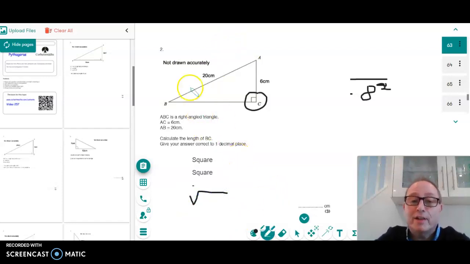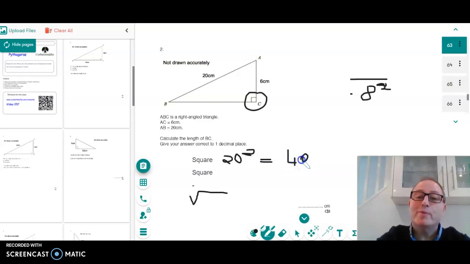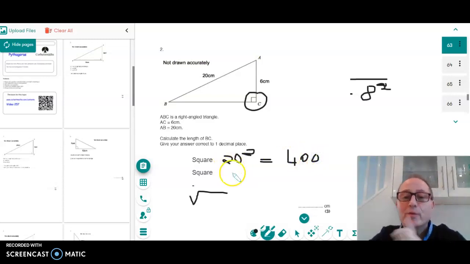So in this question, we have 20 centimeters. So 20, we square, which equals 400. I hope you're keeping up with me, I can see that everybody's got thumbs up, which is good. That's fantastic.